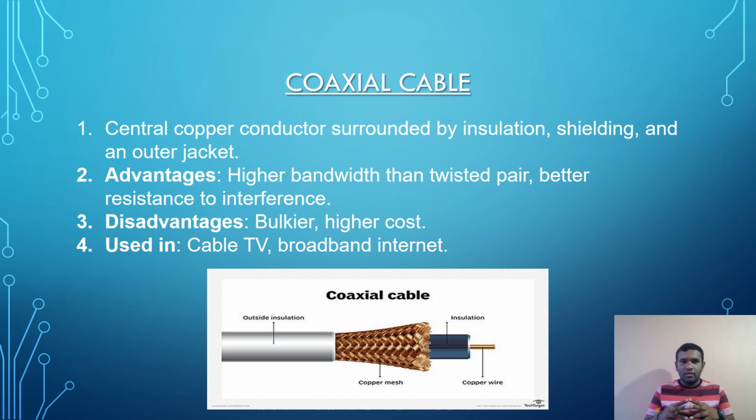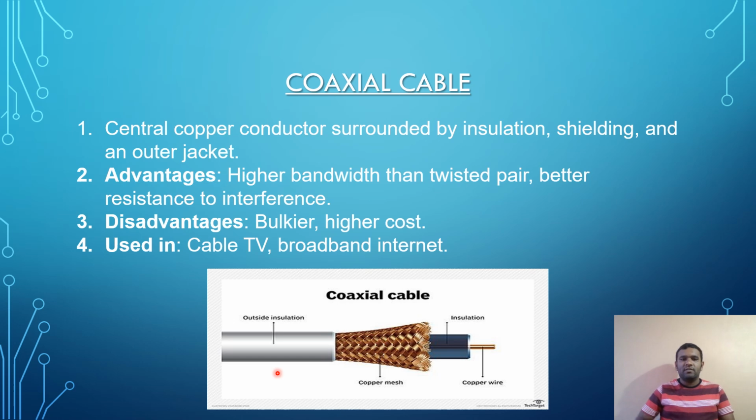In the coaxial cable, there's a copper wire in between, surrounded by insulation, shielding, and an outer jacket. The blue part is the insulation, the copper mesh here is the shielding, and the outside is an outer jacket to protect it from any kind of physical damage.